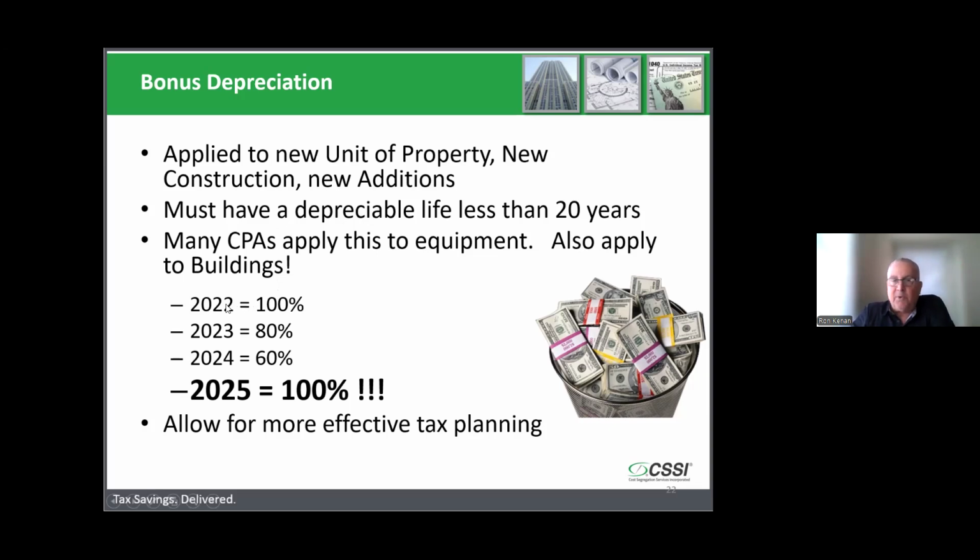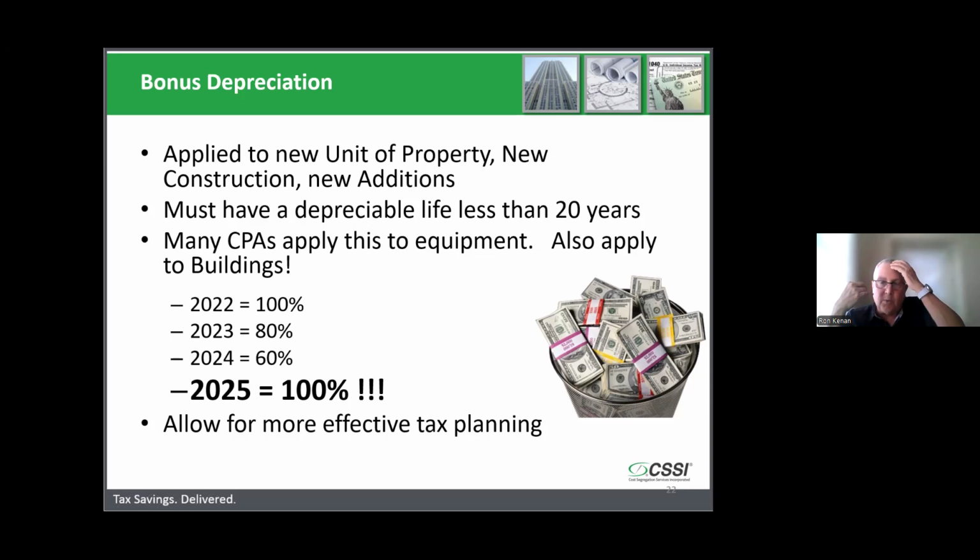But I want to point something really important out to you guys, because I mentioned that you get 100% bonus on 2025. But guess what? If you purchase a property, let's say in 2020, 6 years ago, the calculation, because 2022 falls in the middle, can be based on the 100% bonus that was given in 2022.